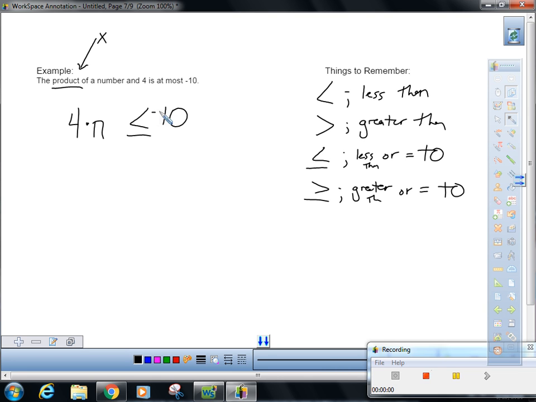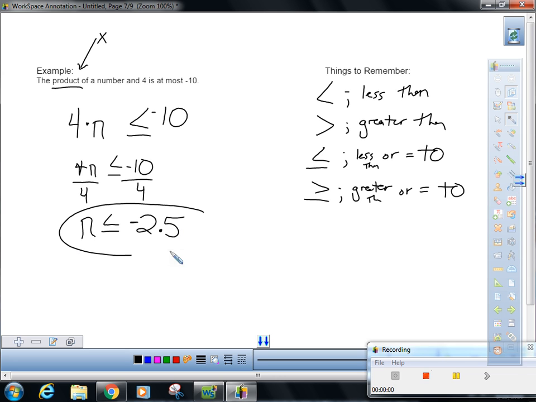So it has to be less than or equal to negative 10. That's how you would sound that out, okay? You get 4n is less than or equal to negative 10. Divide each side by 4, and you get n is less than or equal to negative 2.5.